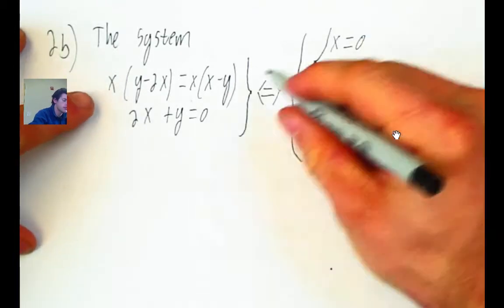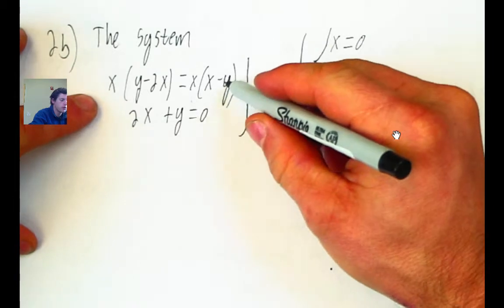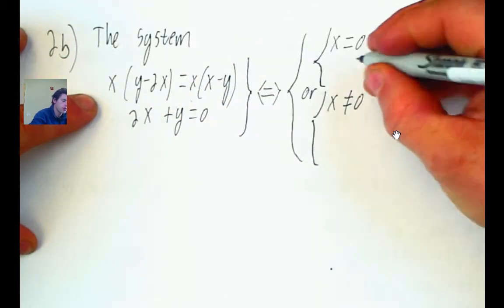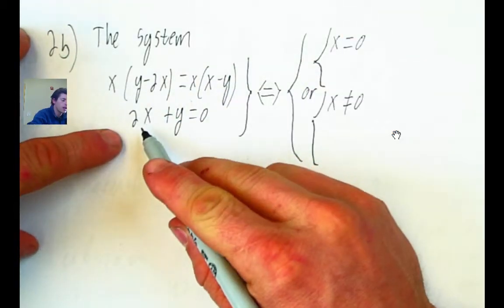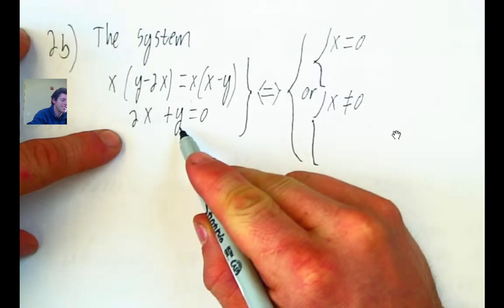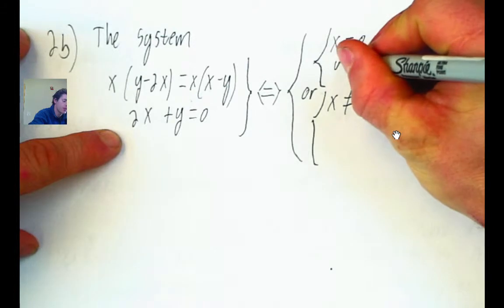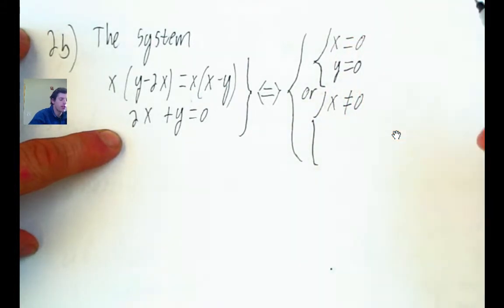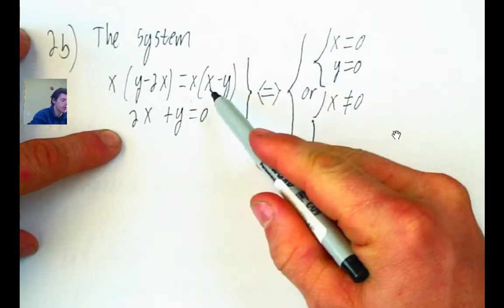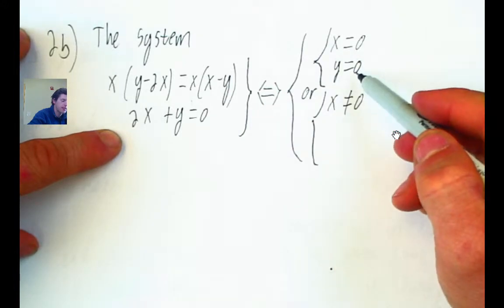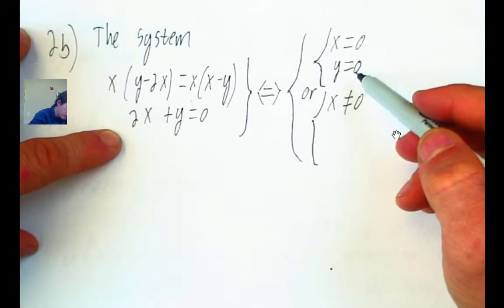If x is equal to 0, then that first equation is trivial, right? It just says that 0 is equal to 0. And the second equation would be 2 times 0 plus y is equal to 0. So that actually would be y is equal to 0. Okay, so in the case where x is equal to 0, the system of equations simplifies to that. And that's certainly a linear system of equations.